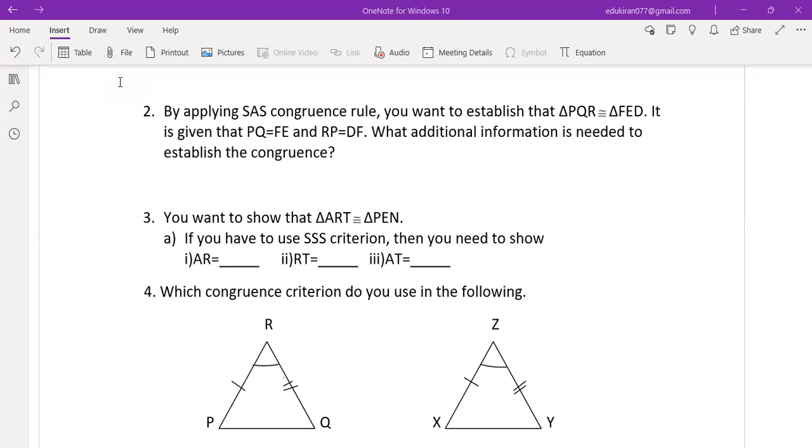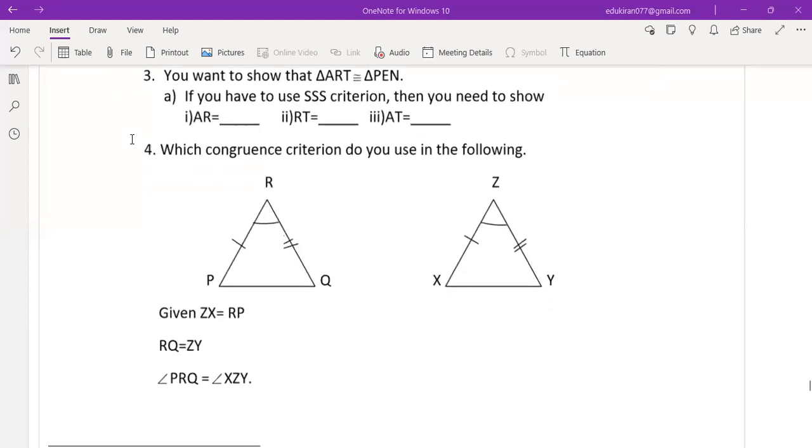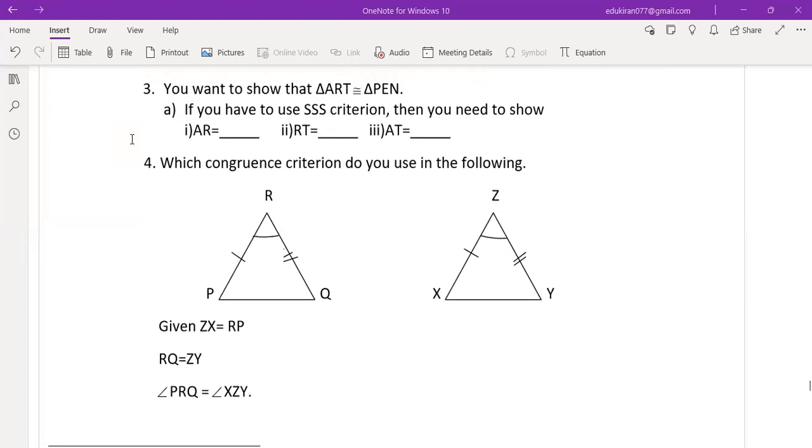Ma'am, can you scroll down? Ma'am, in the fourth one, we just have to find the criteria, right? Yes. Ma'am, is the given ZX equal to IP related to that?